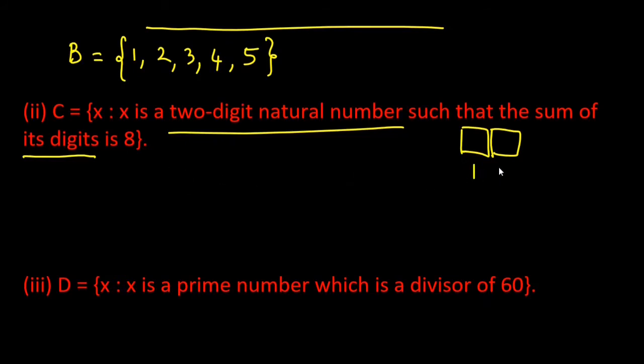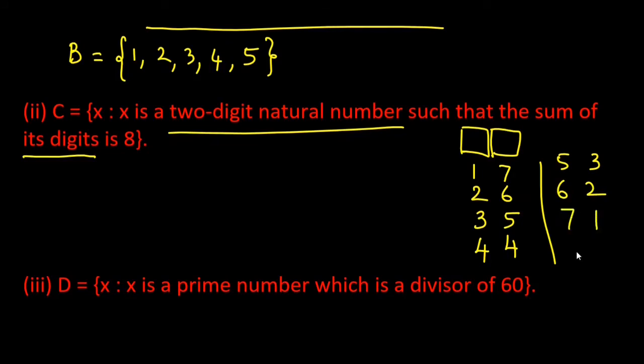1. The sum should be 8. So 1, 7. 2, 6. 3, 5. 4, 4. In this way 5, 3, 6, 2, 7, 1 and 8, 0.